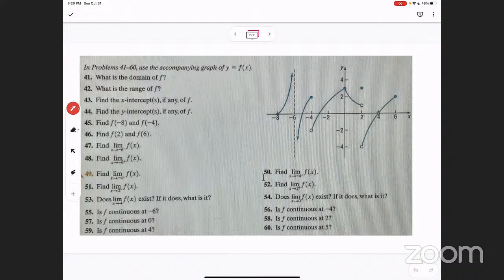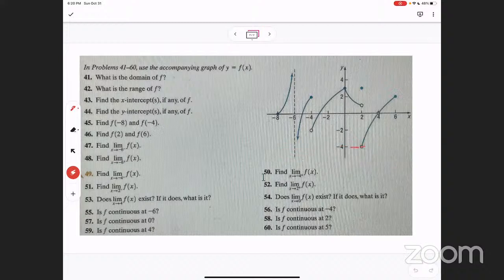So what's the domain of f? Everything, but I'm doing a scan from left to right. Everything but -6 and +4. Yep. What's the range? Scan it.